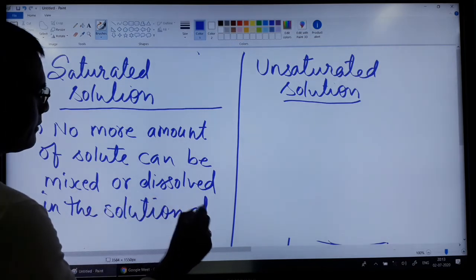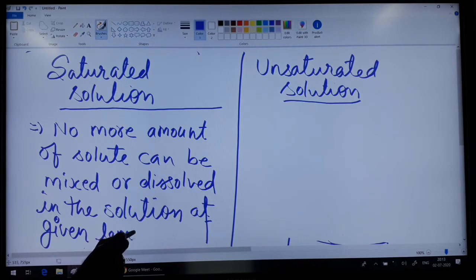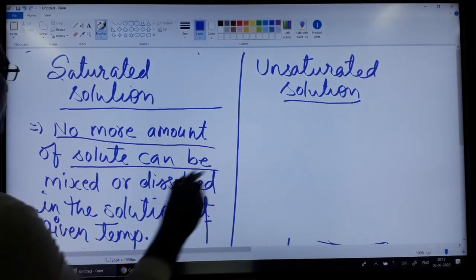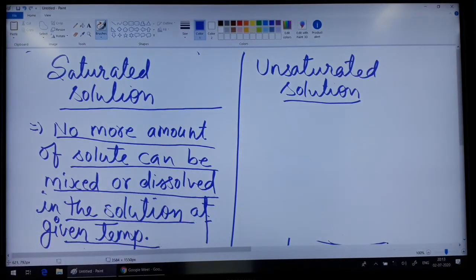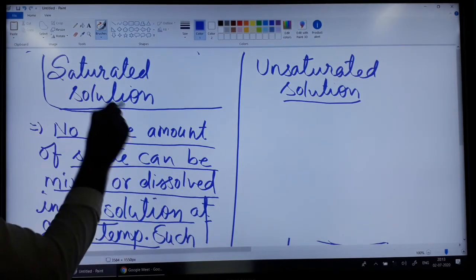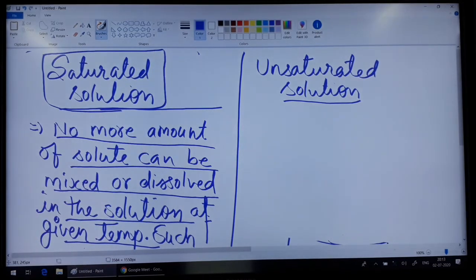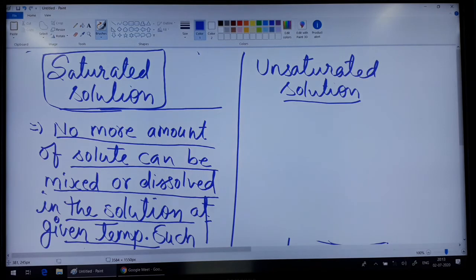Important: at given temperature. No more amount of solute can be mixed or dissolved in the solution at given temperature. Such solution is called saturated solution.